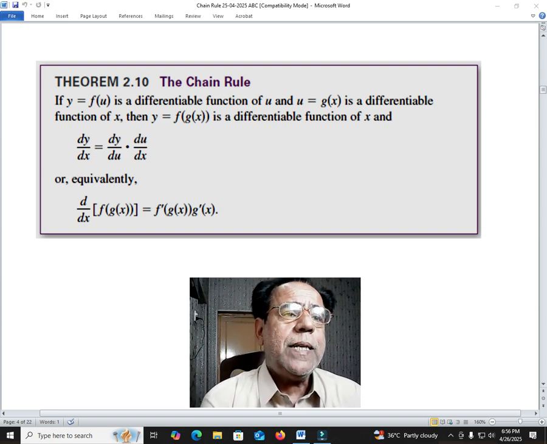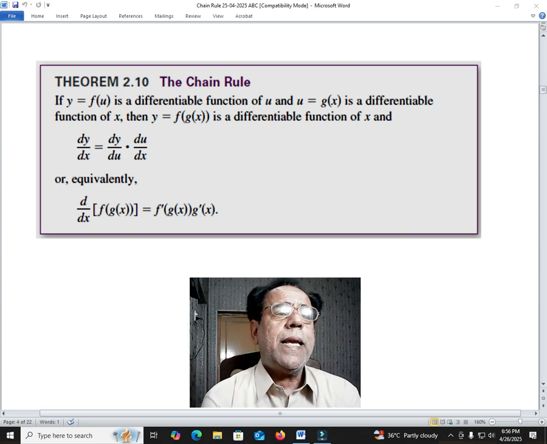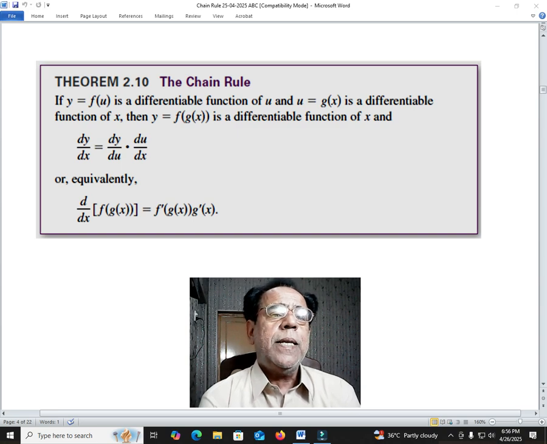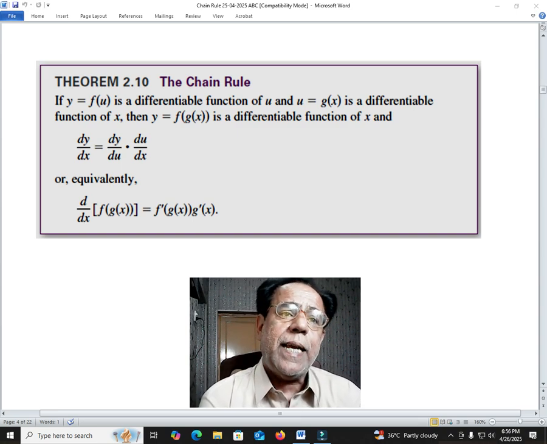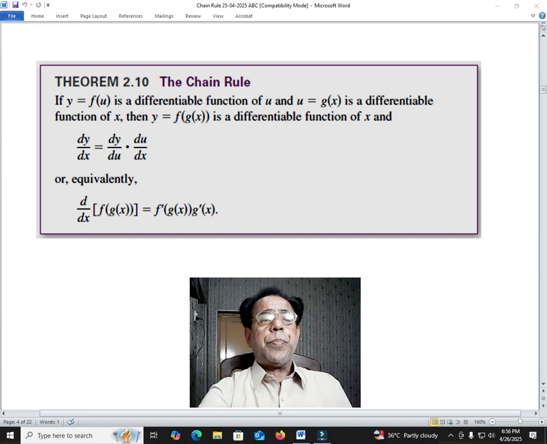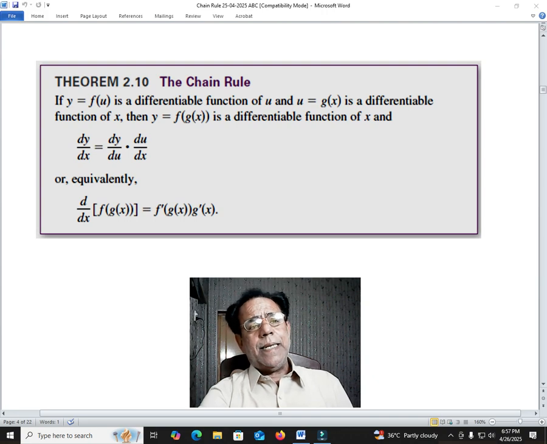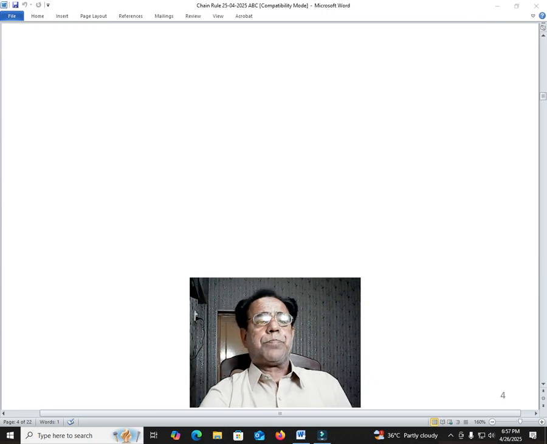Or equivalently, d/dx f(g(x)) is equal to f'(g(x)) · g'(x). That is, first the derivative of f at g(x), and then the derivative of g(x).